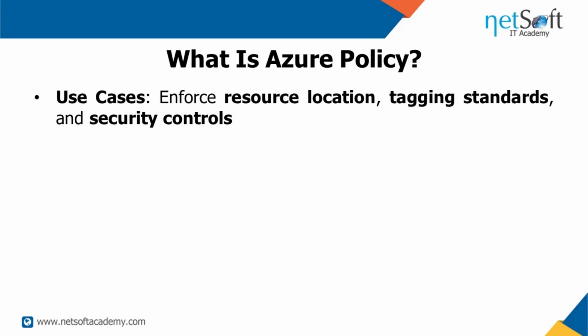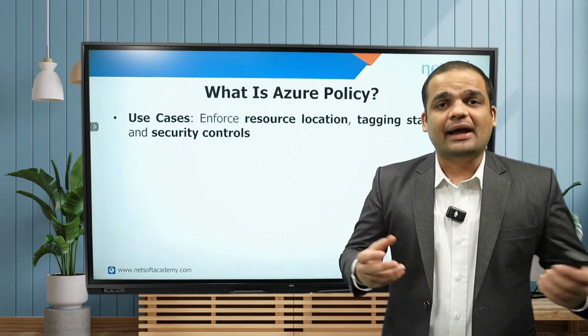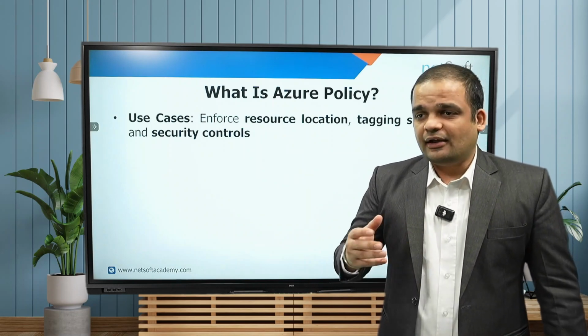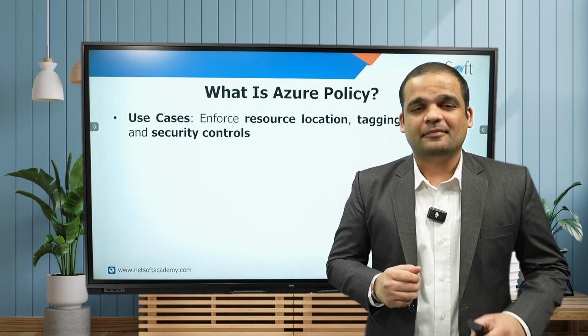Now let's discuss some of the use cases. Well, you can enforce resource location rules to ensure resources are deployed in approved regions. That can be done by policies. You can also enforce, or make it a compulsion, to apply tags. Remember, tags are just optional, but you can also make them compulsory.